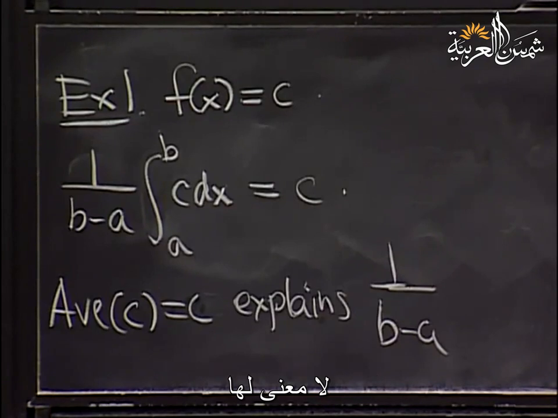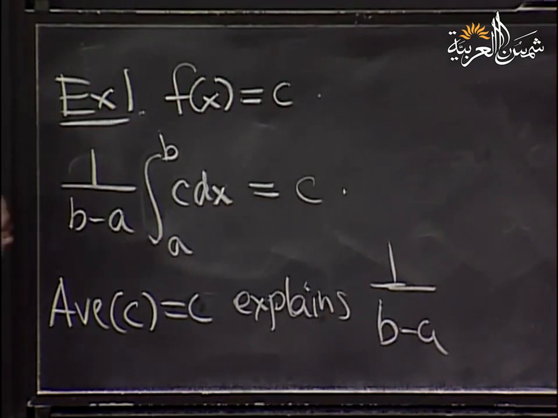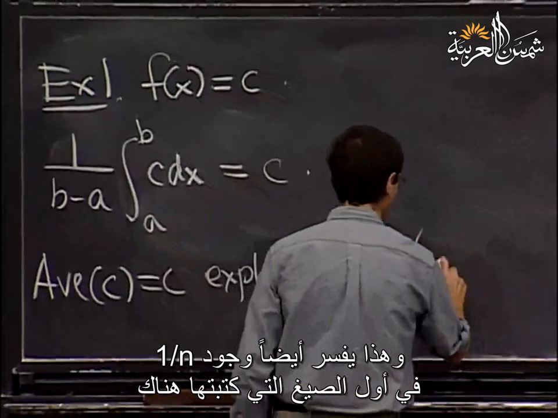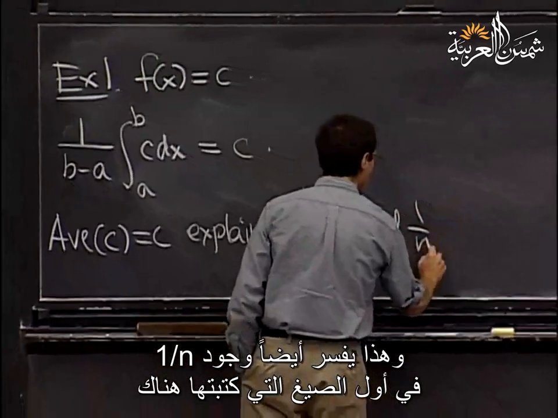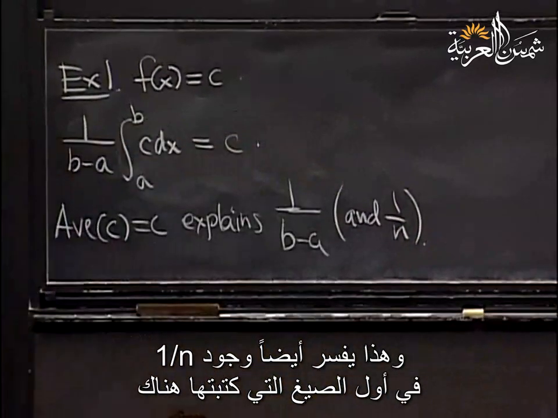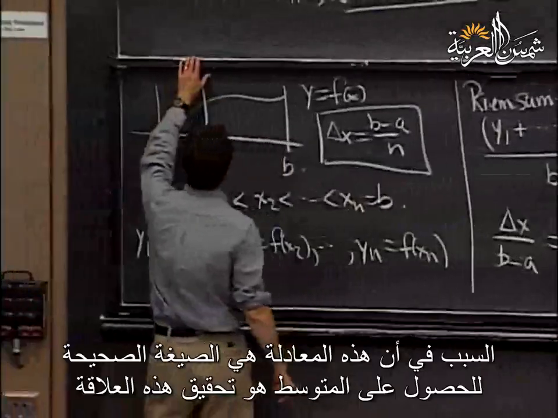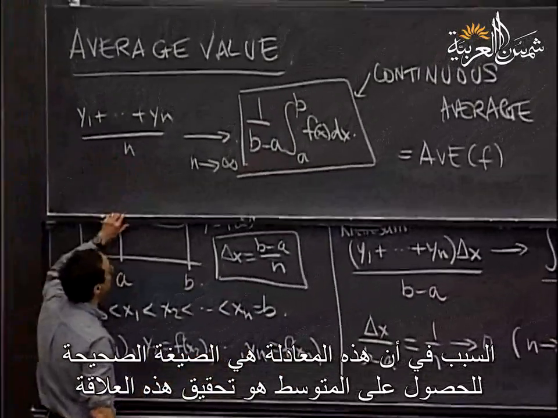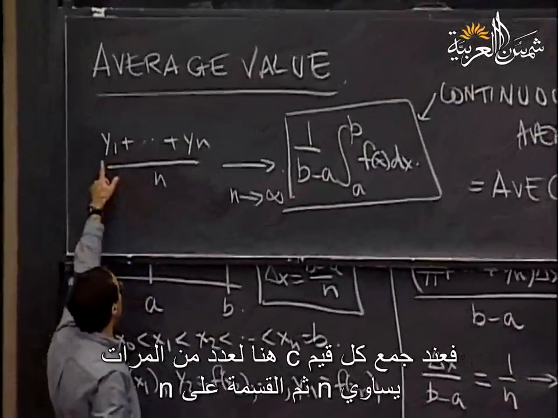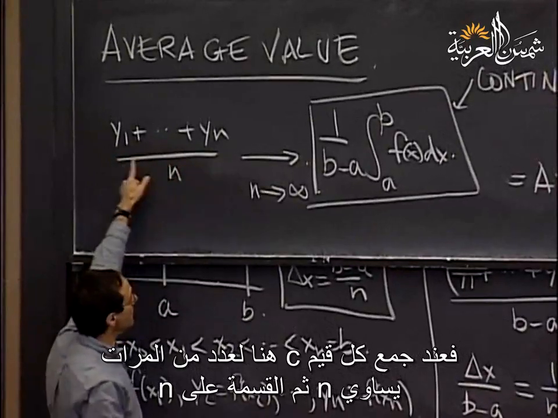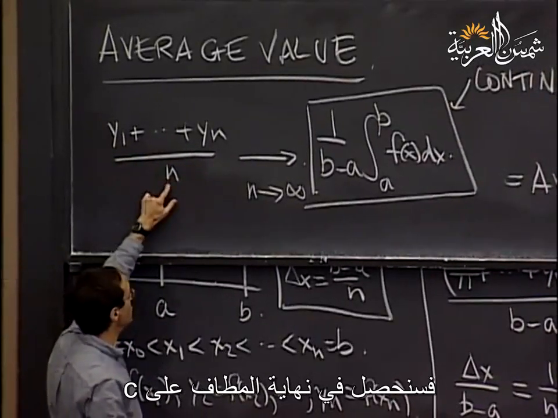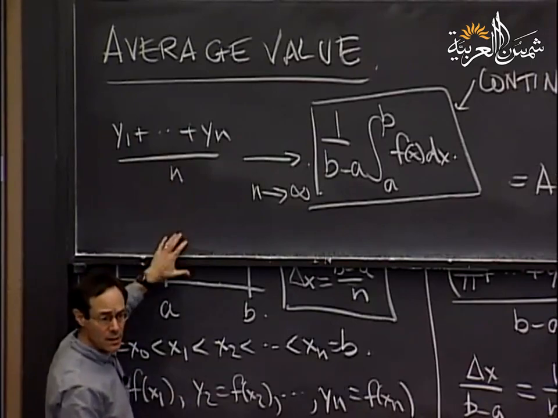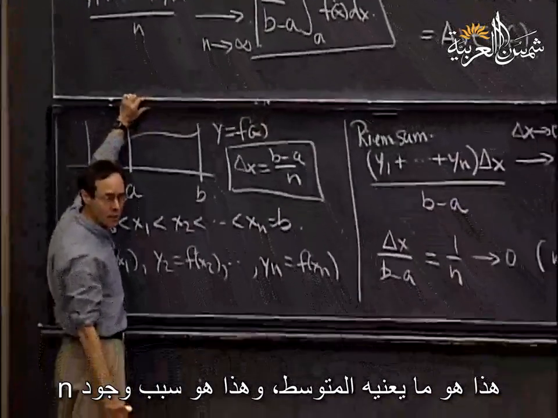We've clearly got a piece of nonsense on our hands. And incidentally, it also explains the 1 over n in the very first formula that I wrote down. The reason why this is called the average, or one reason why it's the right thing, is that if you took the same constant c for y all the way across there n times, if you divide it by n, you get back c. That's what we mean by average value, and that's why the n is there.